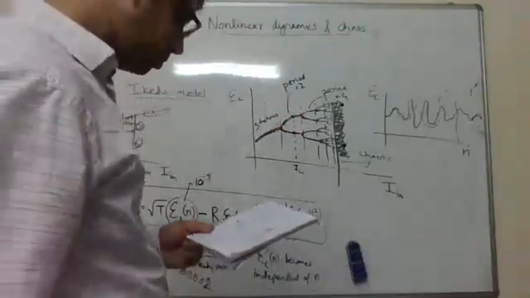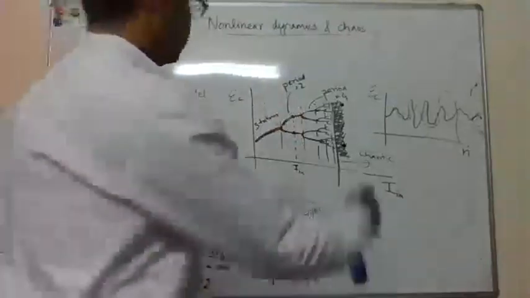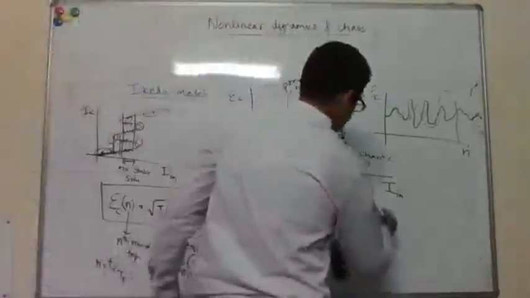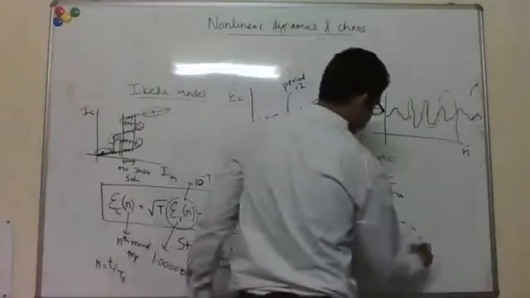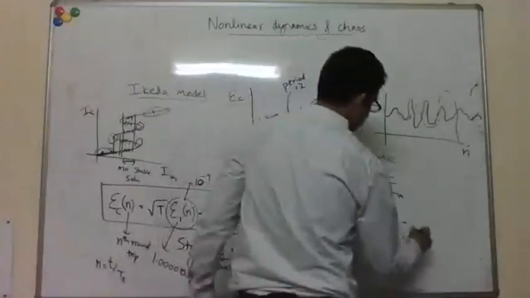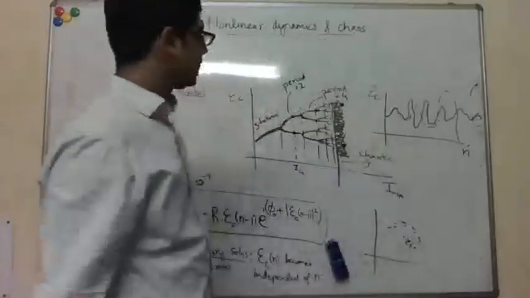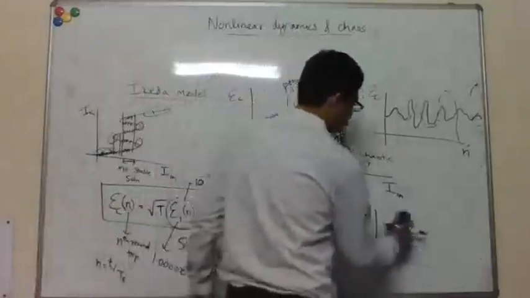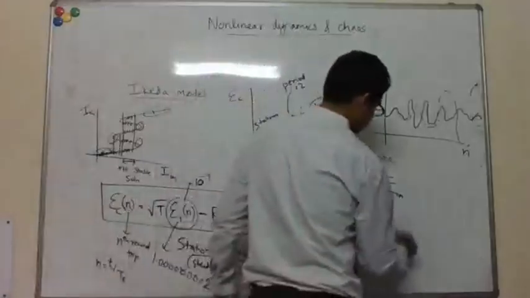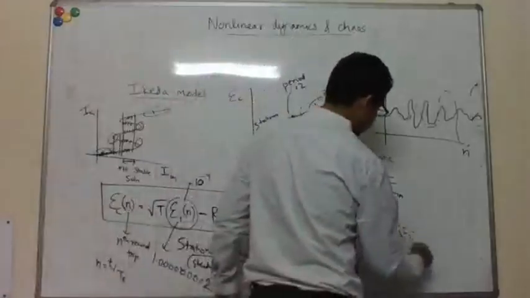So coming back to this phase plot. In the chaotic region, the phase plot looks very complicated. Initially you might expect that in the chaotic regime, your phase plot just looks like complete noise, right?